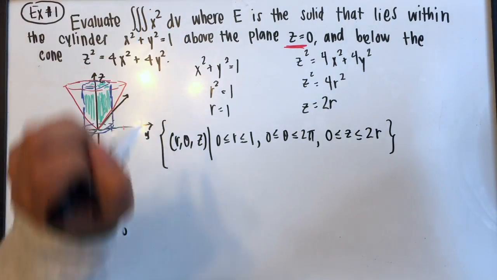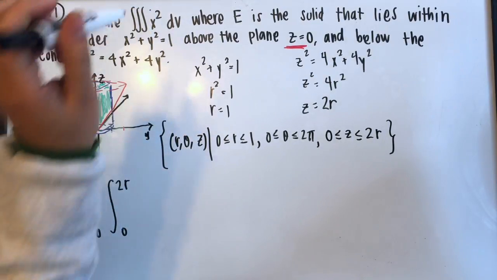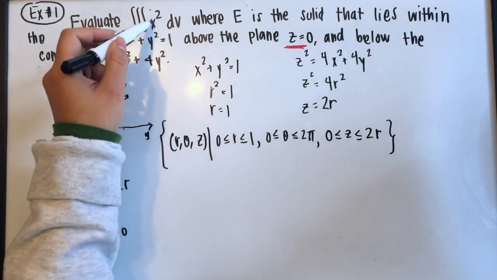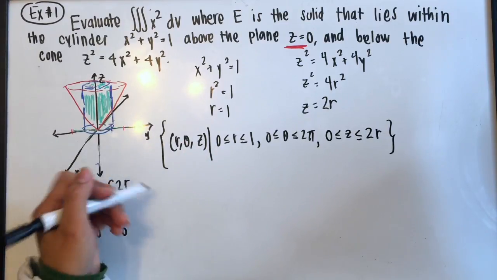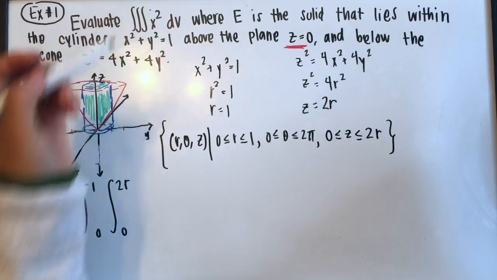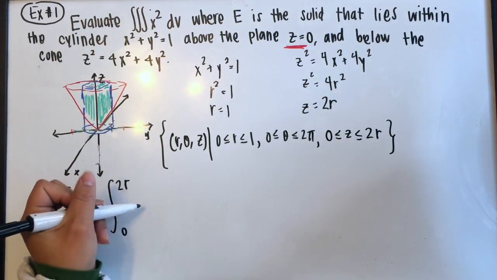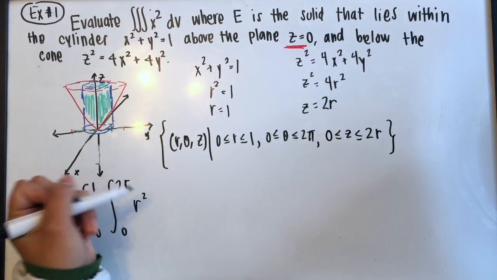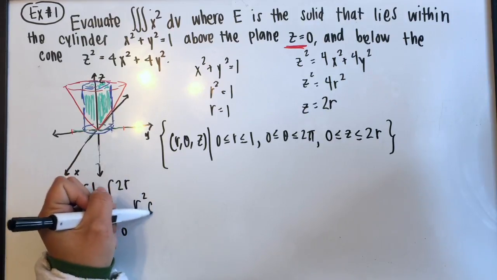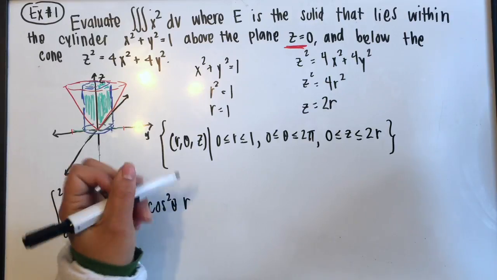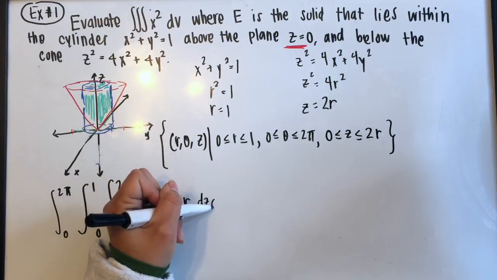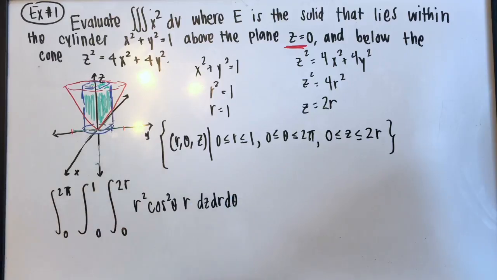But it's in rectangular coordinates, so we need to change it into polar coordinates. It's x, and x equals r cosine theta. So we plug in r cosine theta, squared. That equals r squared cosine squared theta, times r dz dr d theta. This is our integral. Let's start solving it now.